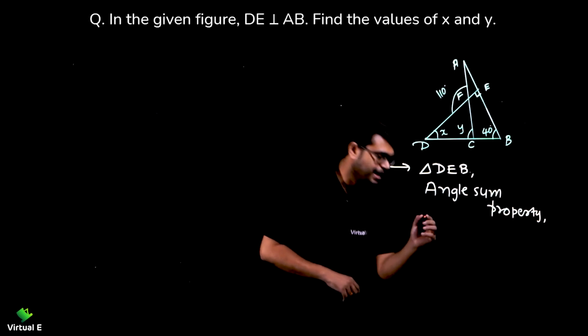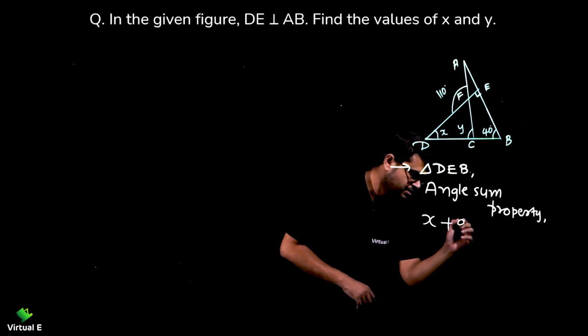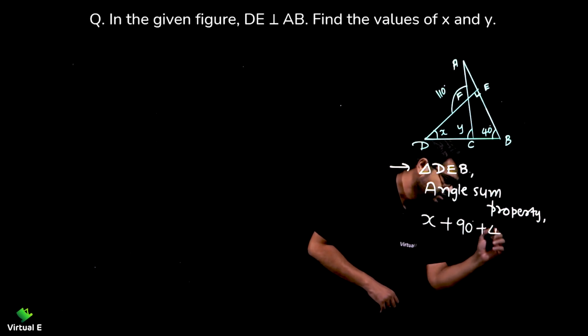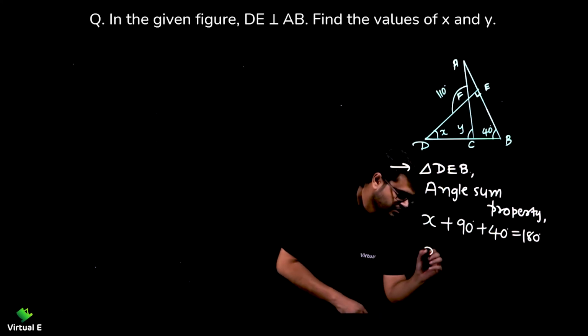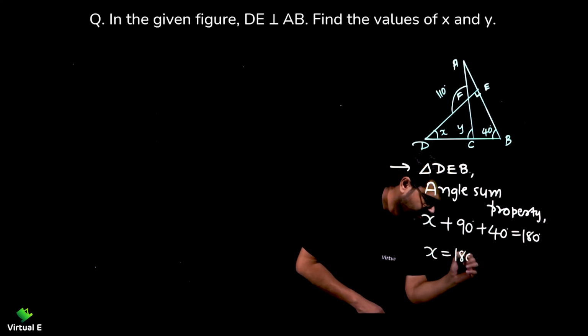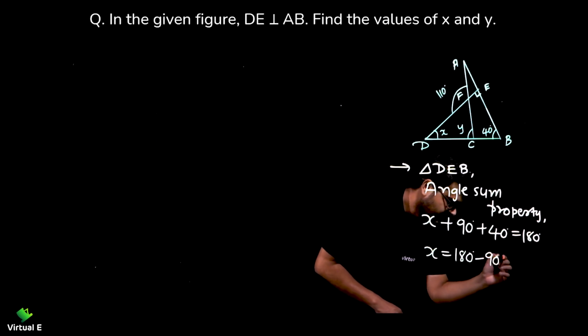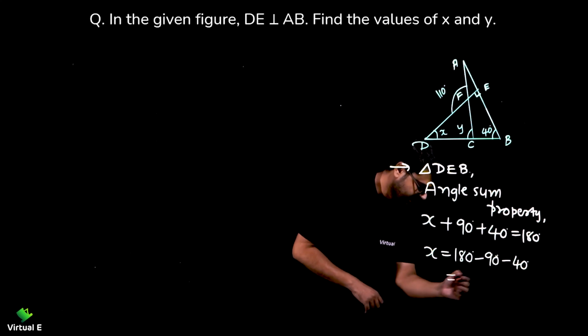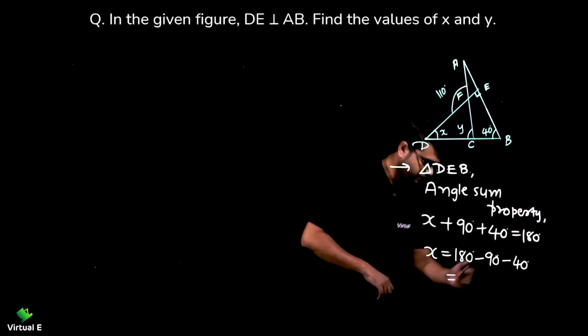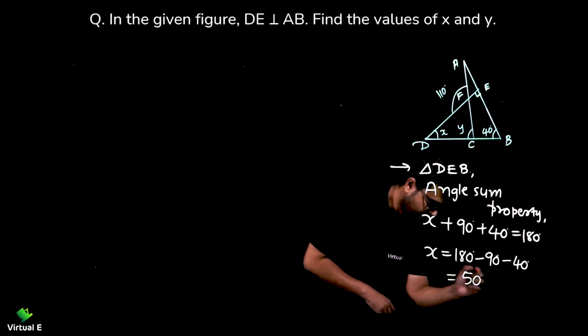So we can write X plus 90 degree plus 40 degree is equal to 180 degree. So X is equal to 180 degree minus 90 degree minus 40 degree, right? So if you subtract 90 minus 40, that is 50 degree.